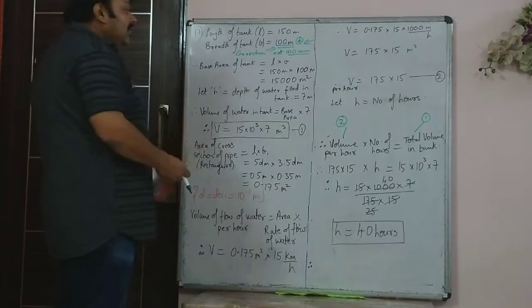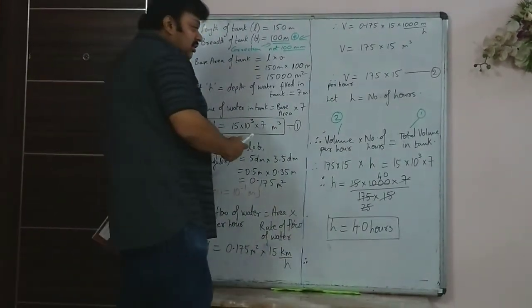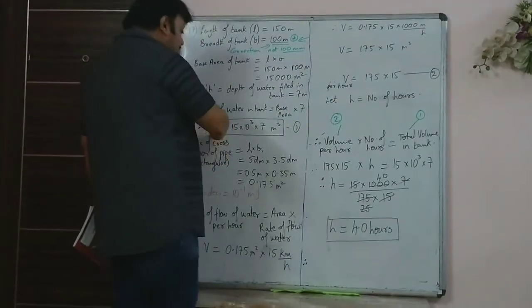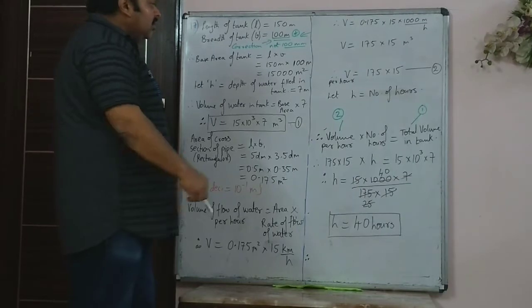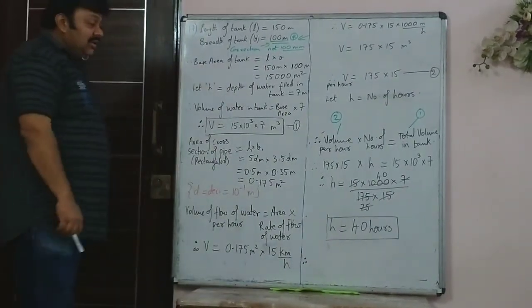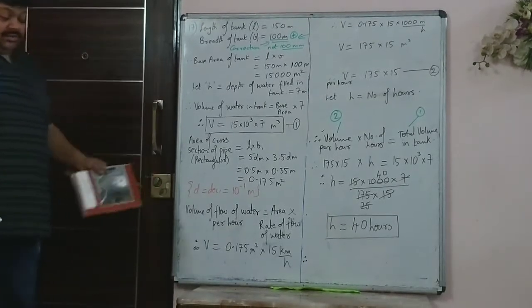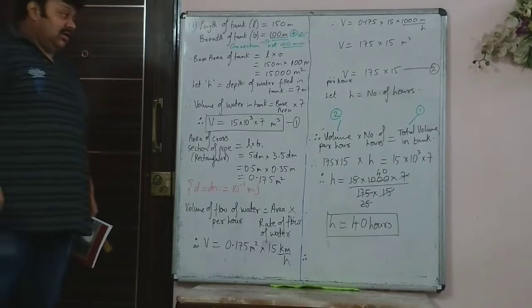So from that you will get 175 into 15 into h is equal to total volume, that is 15 into 10 raised to 3 into 7. That is the total volume of the tank. Then you calculate, it's a simple calculation, you will get h is 40 hours.